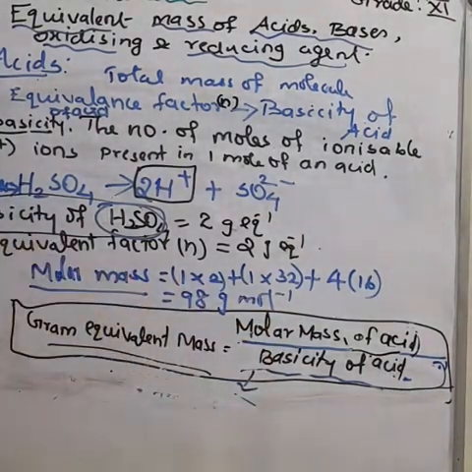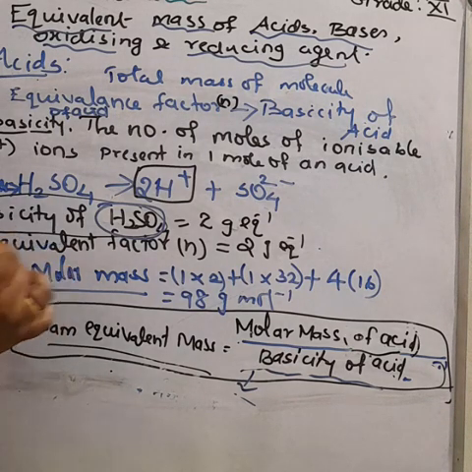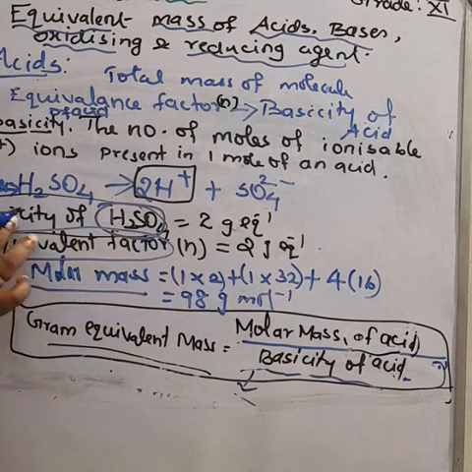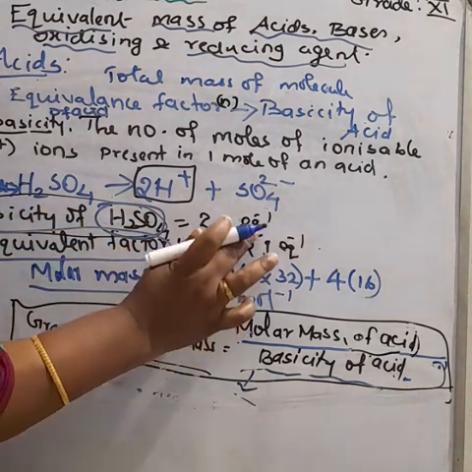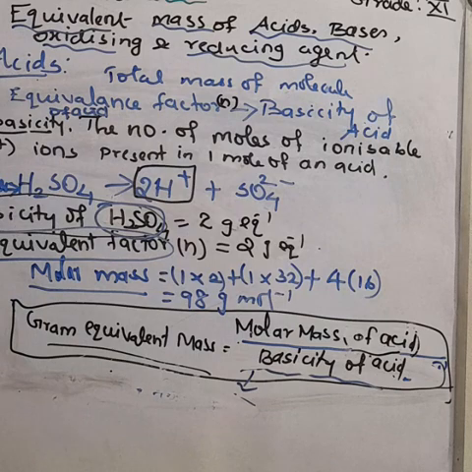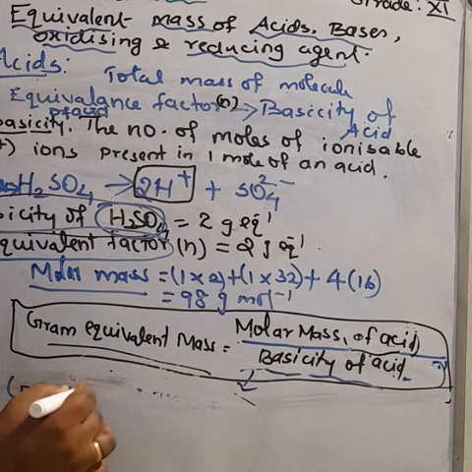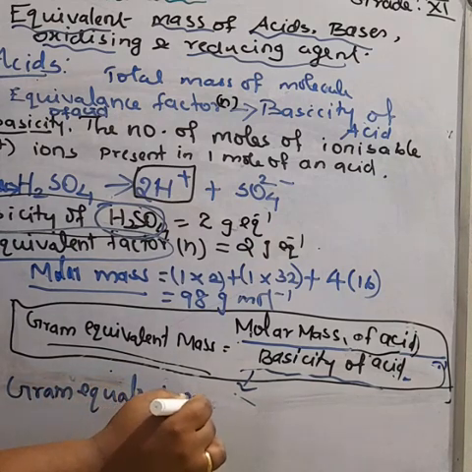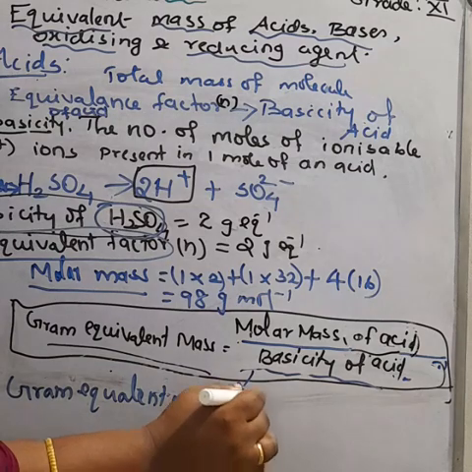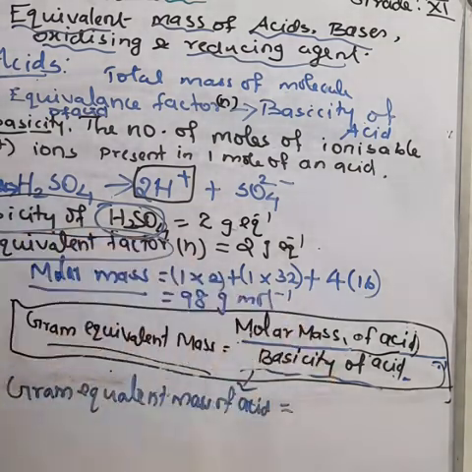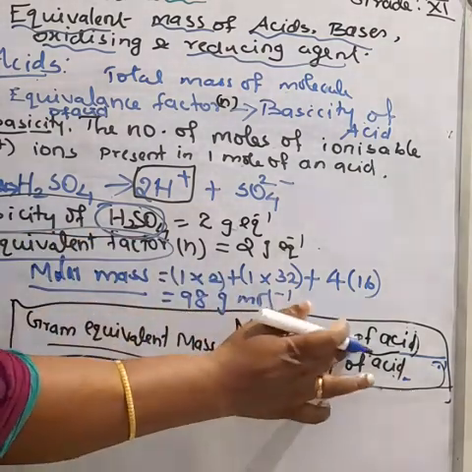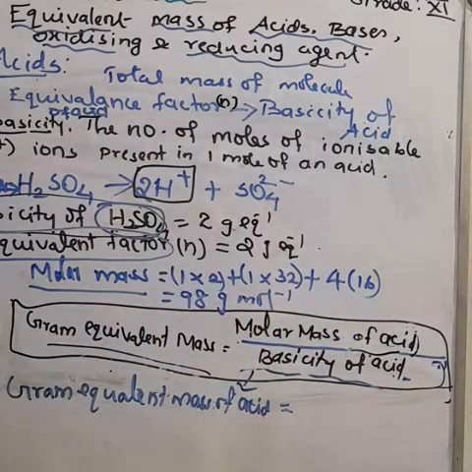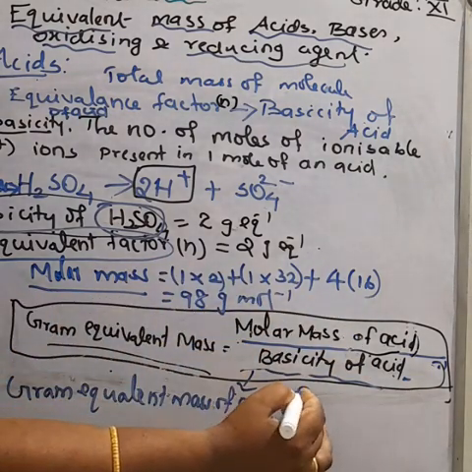Okay, so the equivalent factor, otherwise the basicity of acid, is 2 equivalent per mole. So what is the gram equivalent mass? The gram equivalent mass of acid is equal to the molar mass of acid divided by the basicity of acid. So the molar mass is how much? 98 gram per mole.